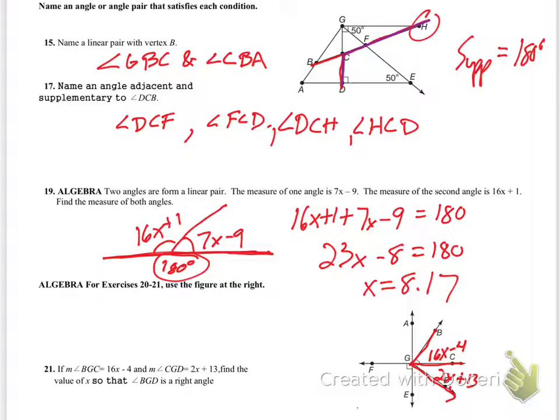Find the value of x so that the entire thing, this and this, is equal to a right angle.